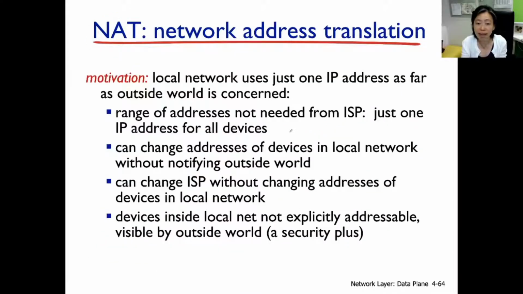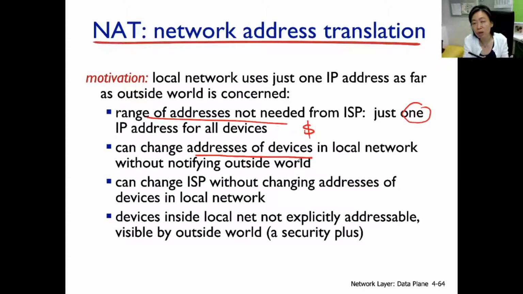What's nice about NAT is this. We don't need to ask the ISP for a block of IP addresses, which is very expensive. One is enough, saving us lots of money. There are 3 more benefits, in fact, of using NAT. One is this. If we want to change the IP address in the local network, we just change it.